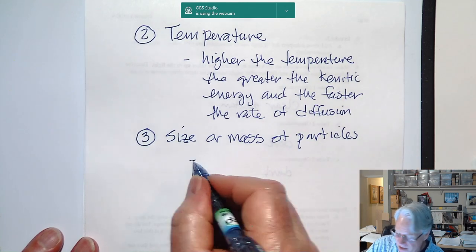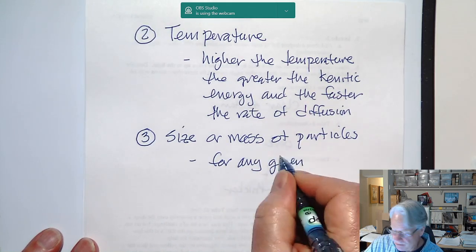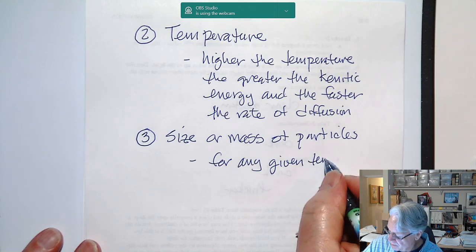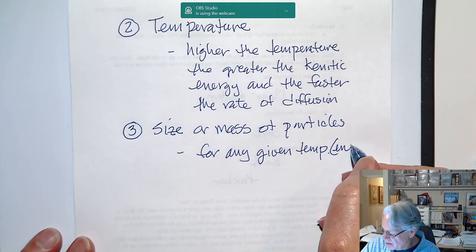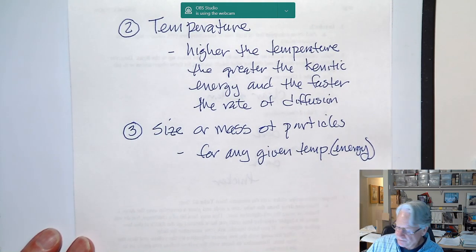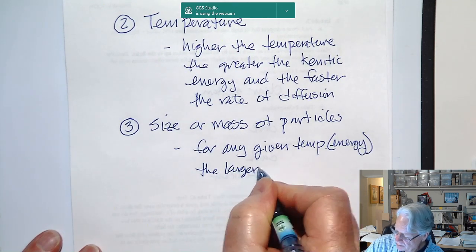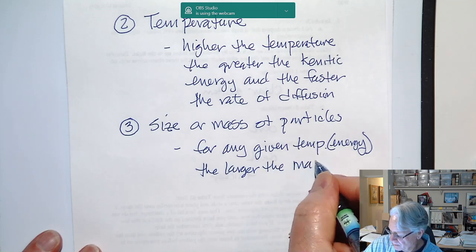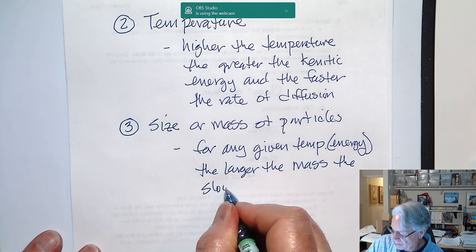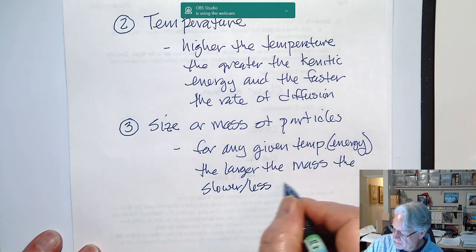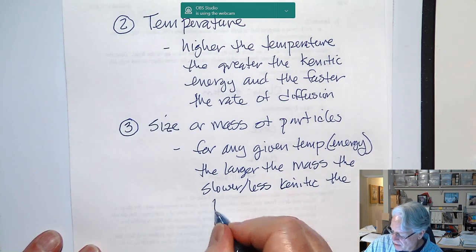What we can say is that for any given temperature, or another way we can say that, energy, the larger the mass, the slower, or the less kinetic energy, the particle will have.